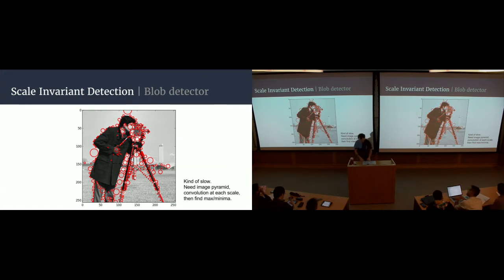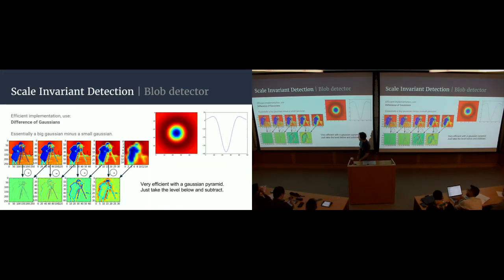So what we could do is a little trick. We can take the difference of Gaussians. Imagine you have a big Gaussian and you subtract a smaller Gaussian. It's very simple.